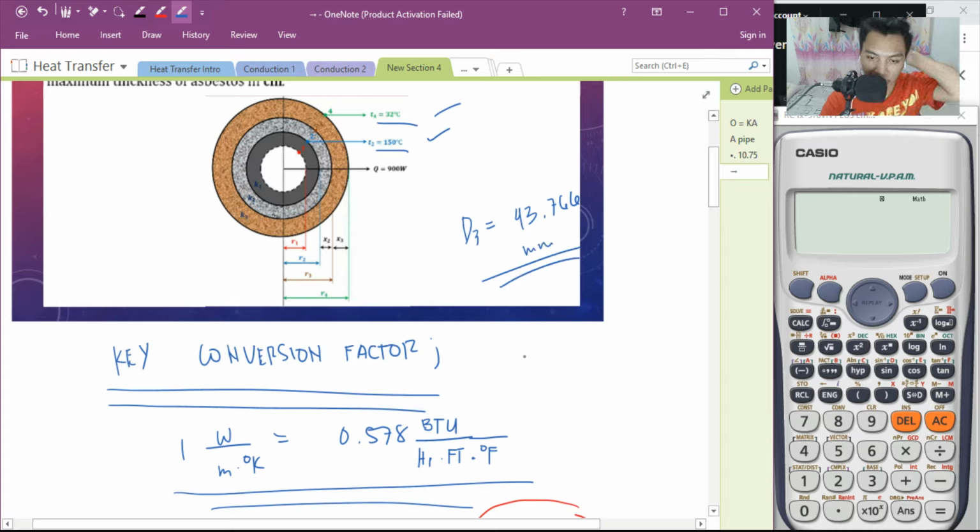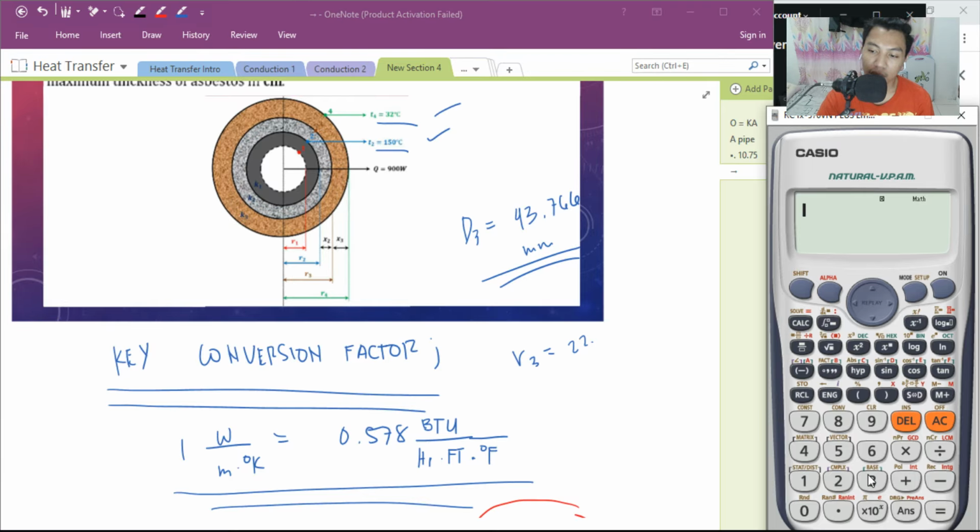Or R3 is makapal talaga. 43.766 divide by 2, 21.833.